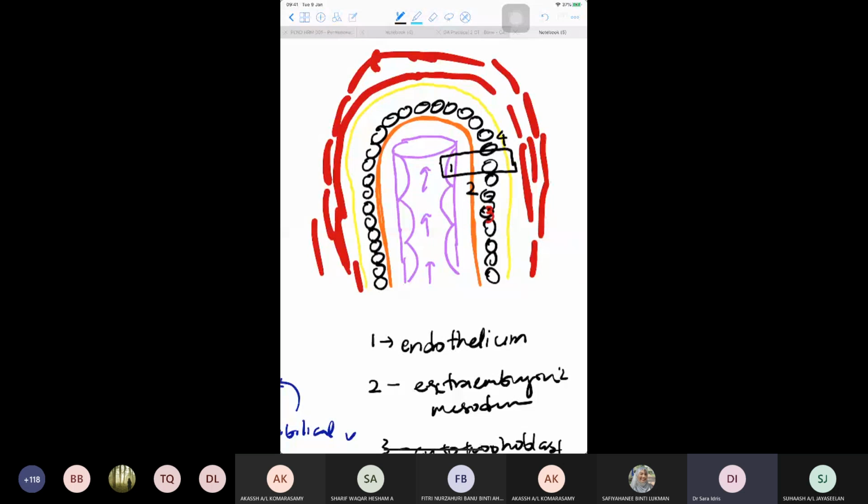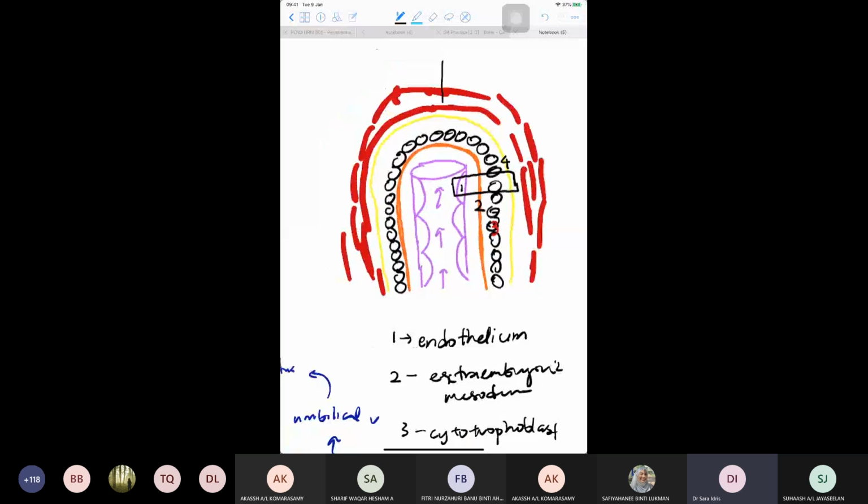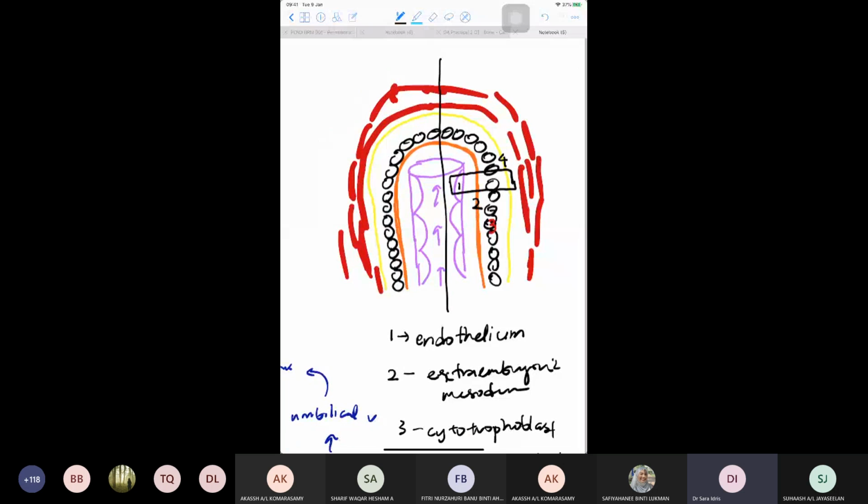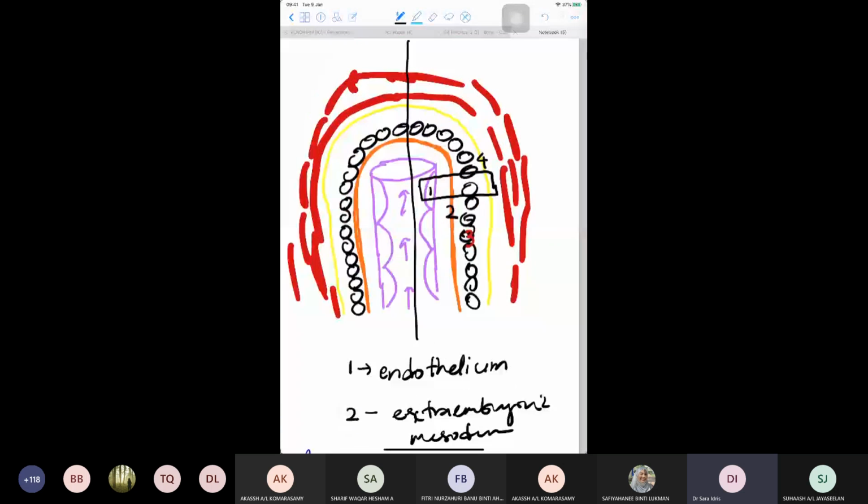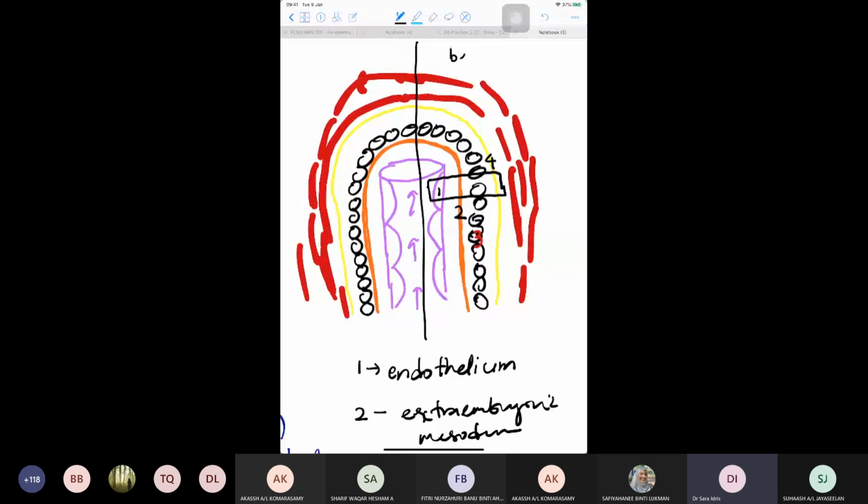So what eventually disappears is that layer number 2 and layer number 3 disappear. So after 20 weeks, I'm just going to separate this between after 20 weeks and before 20 weeks. So this is before 20 weeks. After 20 weeks, layer number 2 and layer number 3 disappear.